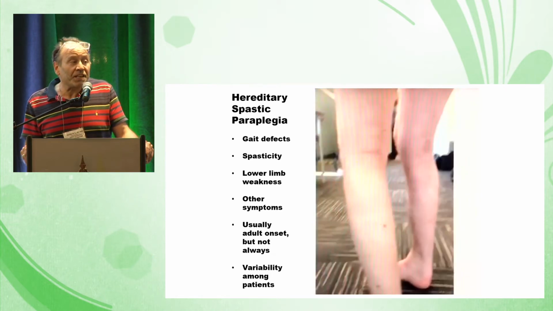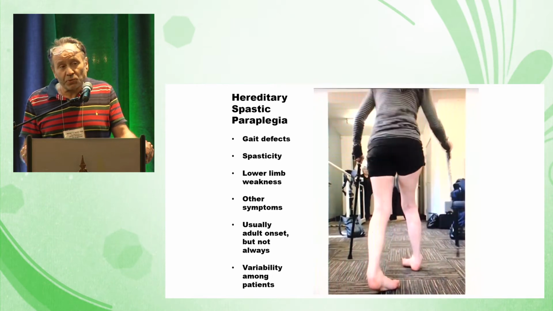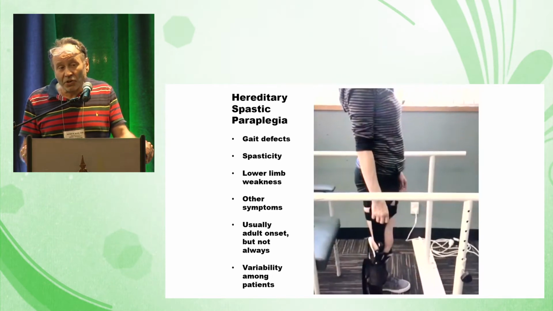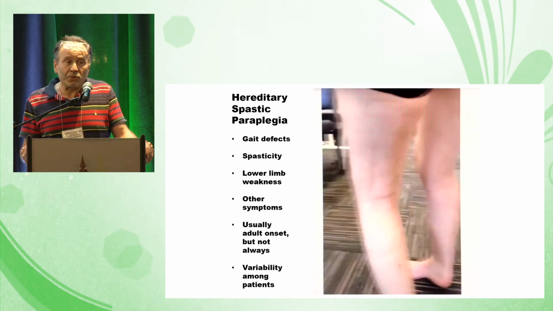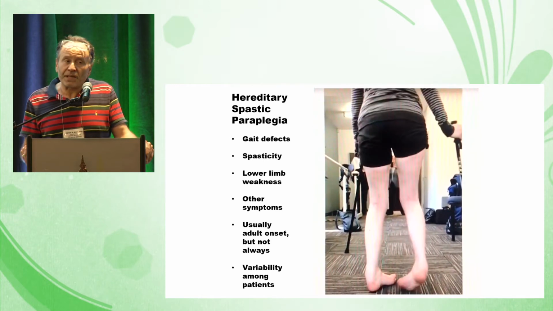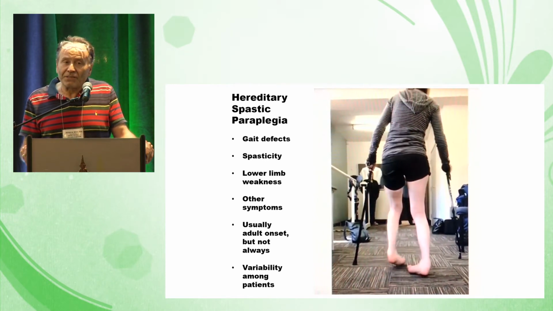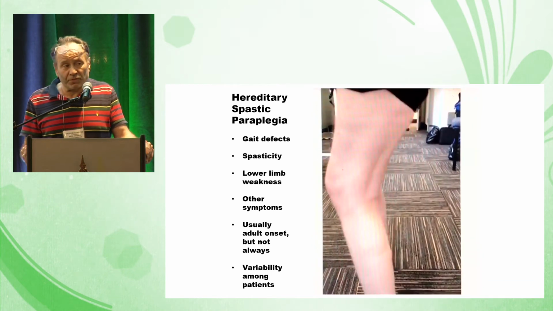Now, in most cases, it's adult onset. It's a rare disease. When I say most cases, we're not talking about a whole lot of people. But what I've come to learn really in recent years, and talking with patients in particular, is that it's really not adult onset in a significant number of cases.